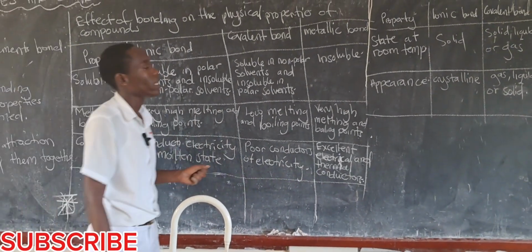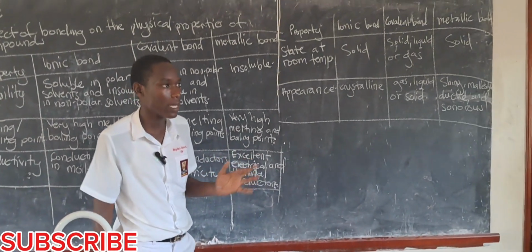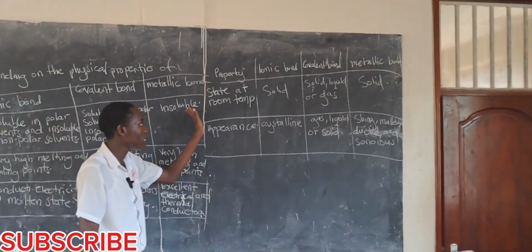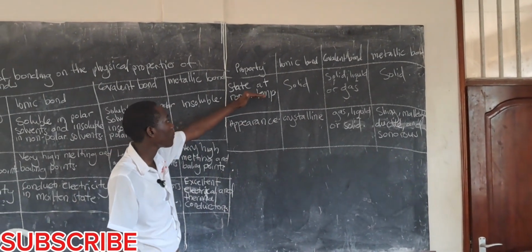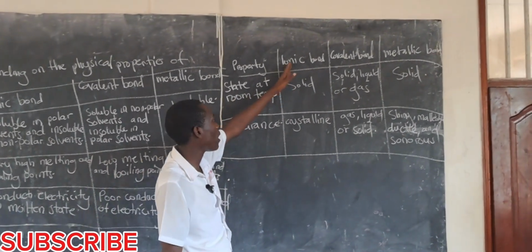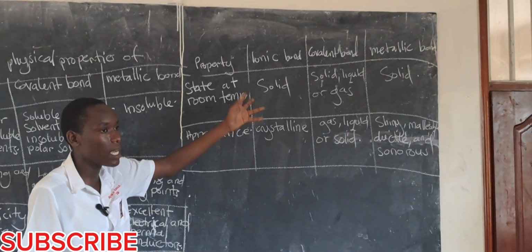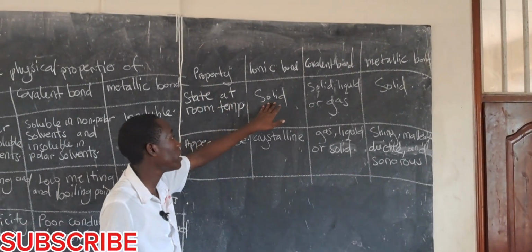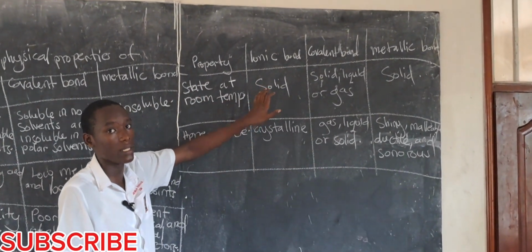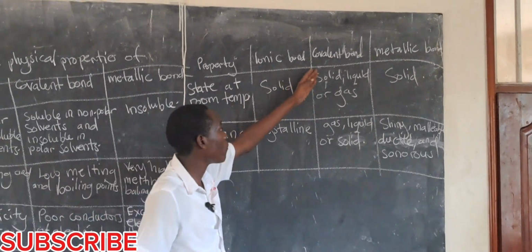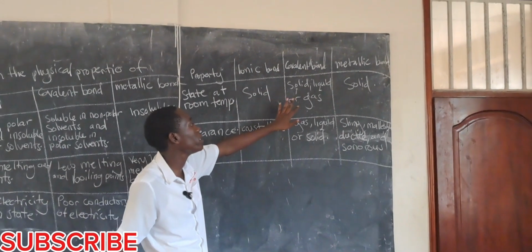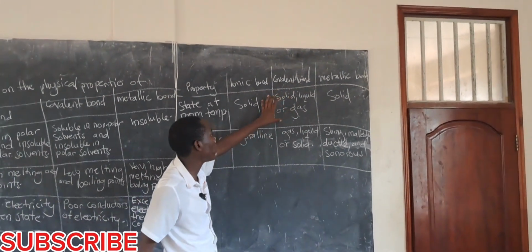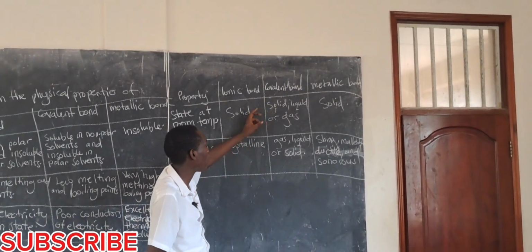Then let us look at another property, which is state at room temperature. Ionic bonds, for example sodium chloride, will be in a solid state at room temperature. Then the covalent bonds can vary depending on the substance.